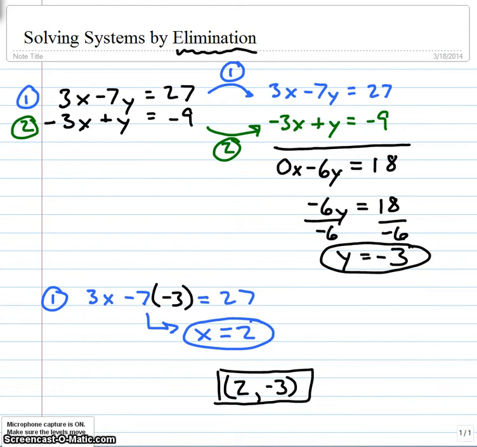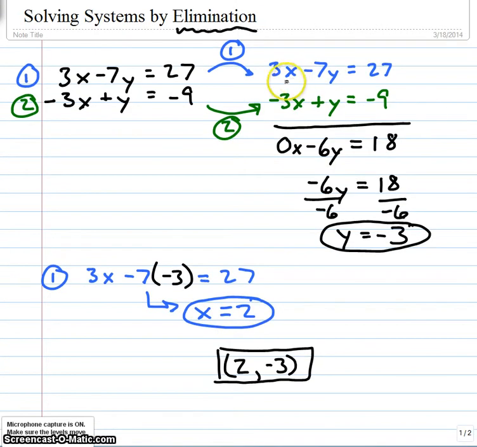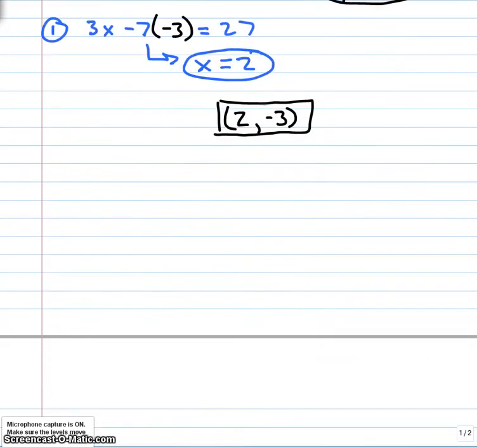Let's do this with a second example, and let's make it a little bit harder. They're not always going to match up really nicely like this. We're not always going to have a 3x and a negative 3x. So we need a way to figure out how to always make it drop out, how to always force one of the variables to fall out. Let's try this equation right here.